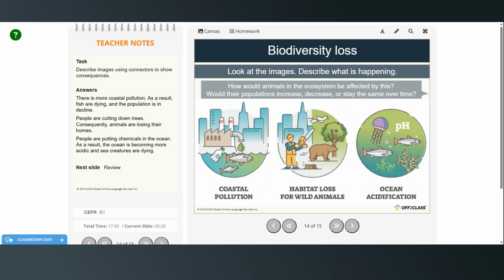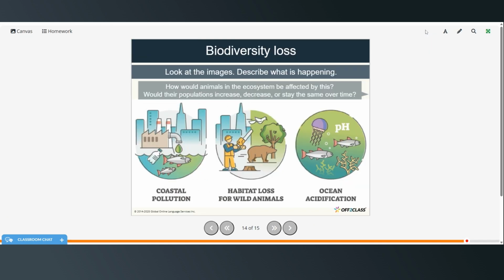People cutting down too many trees, consequently, animals are losing their homes. And then people are putting chemicals in the ocean, and as a result, the ocean is becoming more acidic, and sea creatures are dying. And then the species that rely on these sea creatures for food may also die out as well.